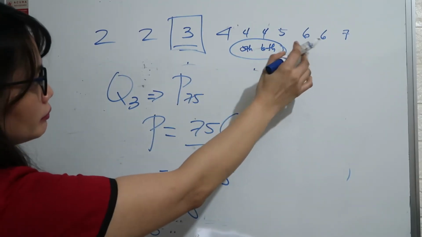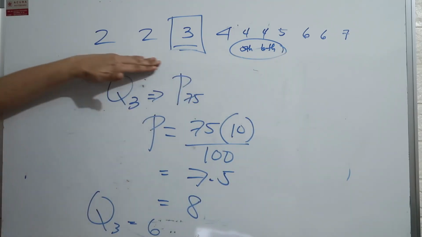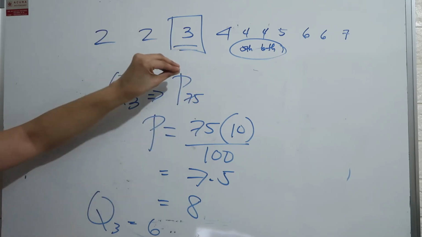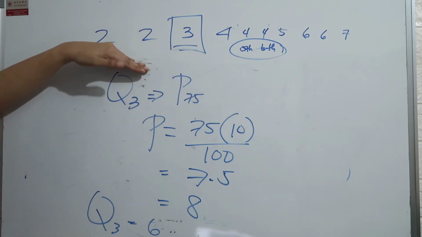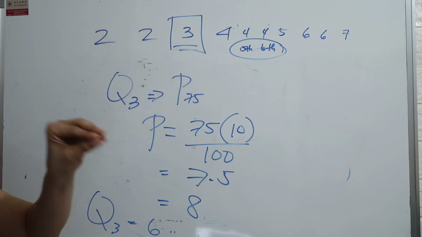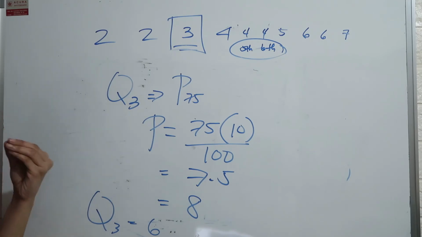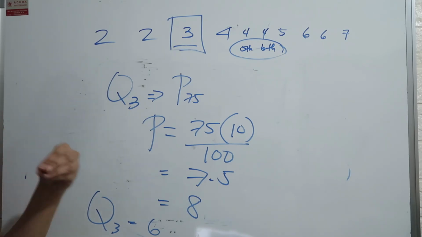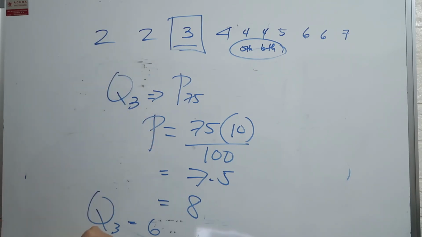So below 6 hours, that is your 75%. So 75% of the 10 people watch TV less than 6 hours, and the 25% of the 10 people watch TV more than 6 hours.